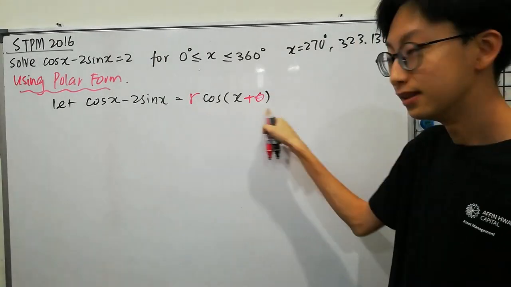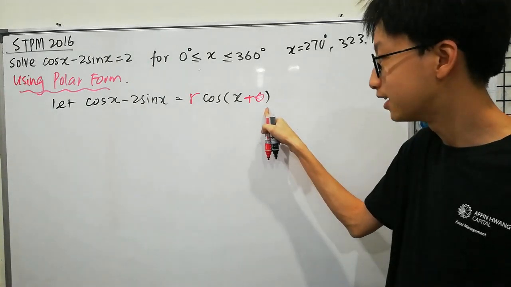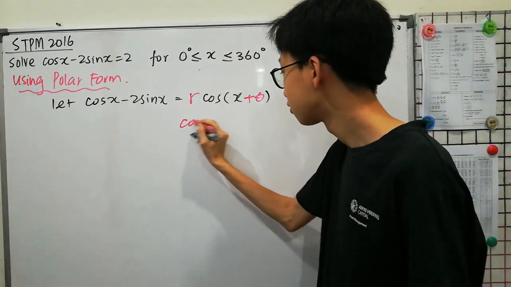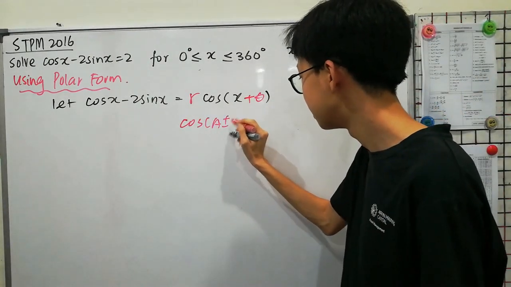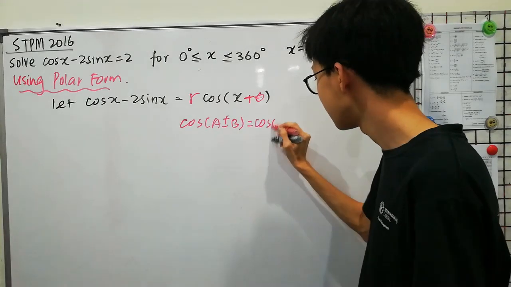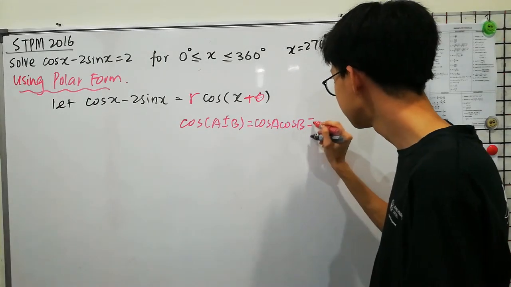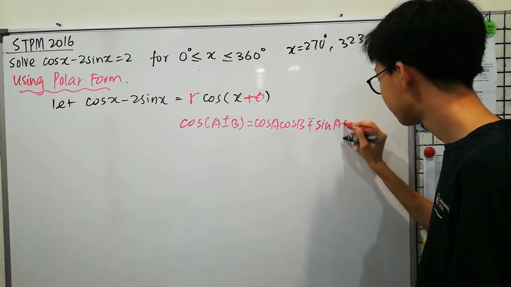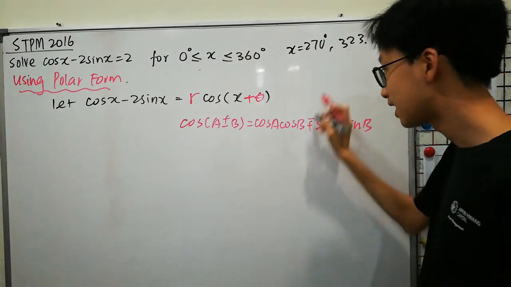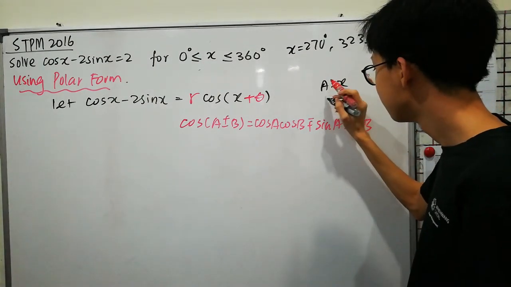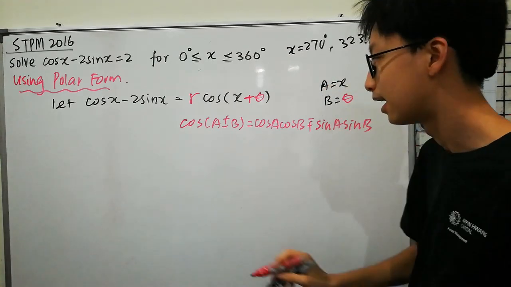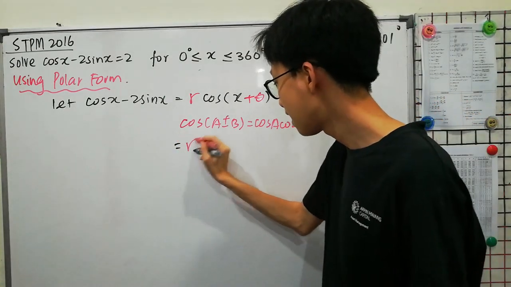And this is a compound angle, so we can use the formula cos A plus minus B equals cos A cos B minus plus sin A sin B. In this case, our A is x and B is theta. Don't forget the r, I will put it outside.